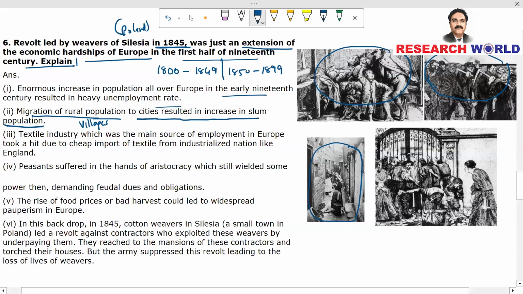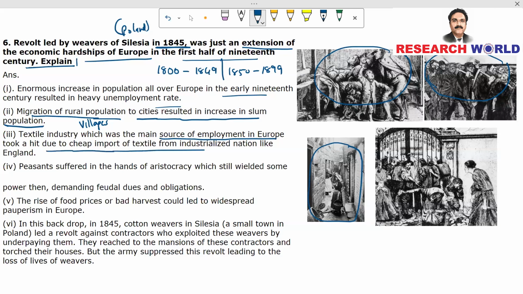Textile industry, which was the main source of employment in Europe, took a hit due to cheap import of textiles from industrialized nations like England. In the previous chapter, we discussed how industrialization first came to England and only later spread to other parts of Europe.